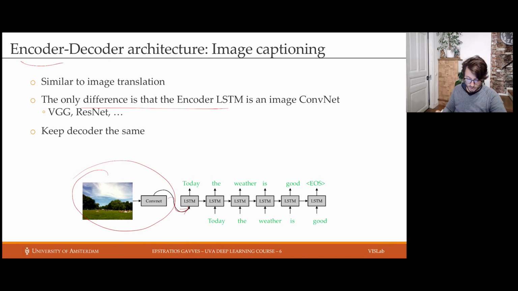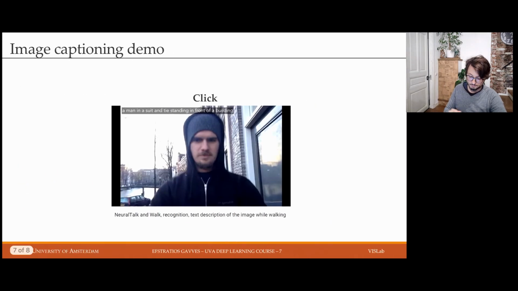Then we've got image captioning. As simple as that. The architecture is actually very similar to machine translation. We can also have very cool demos of image captioning. What is interesting with image captioning is that it tends to return rather biased captions, right? It returns sentences that are found mostly in our training data.